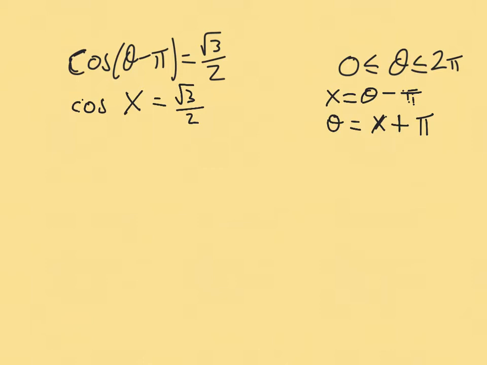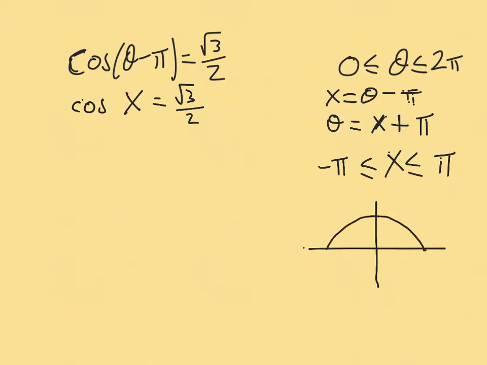Let's think about what we're dealing with. We're now solving it in x. So x is going to be between 0 minus pi, so negative pi, and 2 pi minus pi, pi. A quick sketch of the graph will help us.